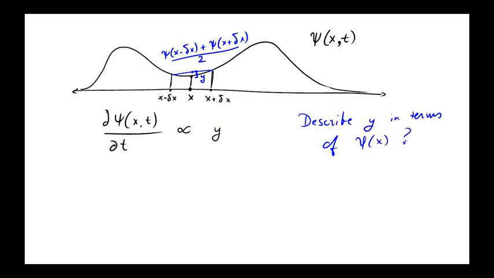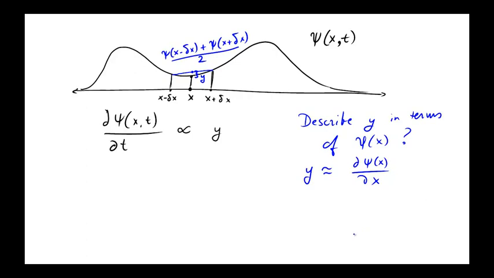Well, some of you might be guessing that y is something like the derivative of psi of x with respect to x. Well, that's a pretty good guess, but let's look at whether that's true.